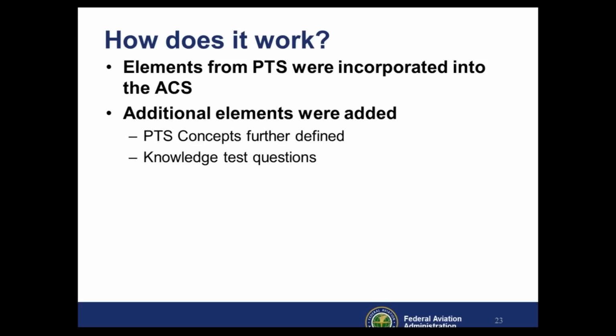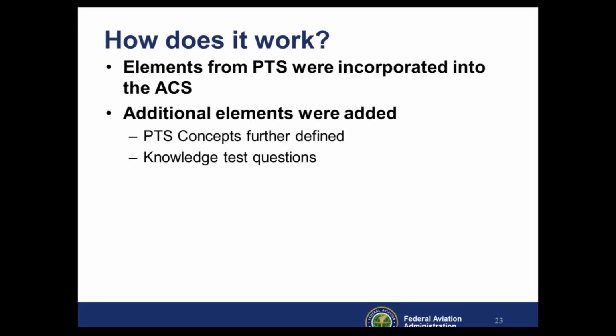Another big reason we had an increase in the element count is because we now have to account for knowledge test questions, because every knowledge test question is only included on the knowledge test if it has an appropriate ACS element. If there's not an appropriate matching ACS element, it means that question shouldn't be asked.